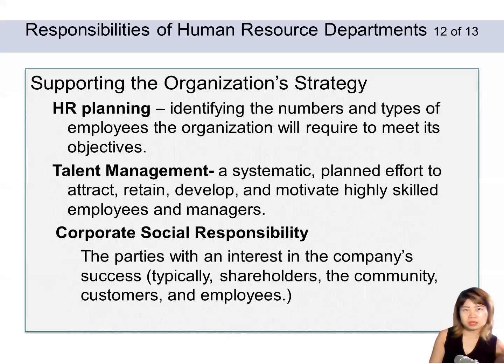Finally, the function covers supporting organization strategy. So a few of them here. First would be HR planning. HR planning would be, firstly, the department that sits down and strategizes how many people the company needs. For example, if you own a small cafe in, let's say, Thomson Road, a small nice cafe, how many people do you think the Thomson Road cafe needs?